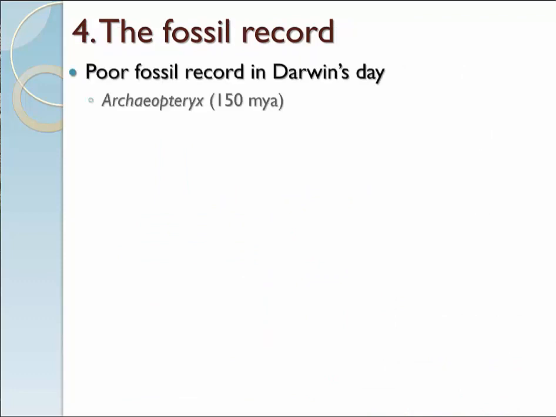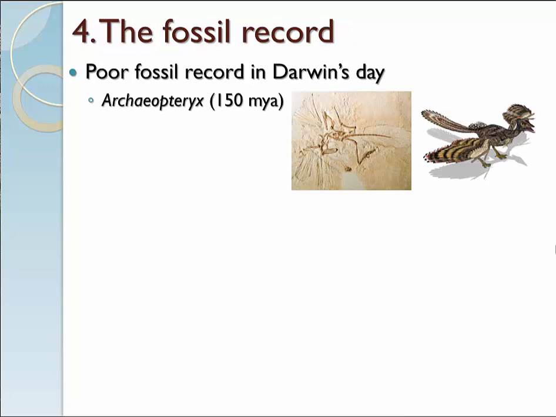Okay, another chapter in Darwin's book was on the fossil record. And during Darwin's day, the fossil record was pretty poor. There was one intriguing fossil, and that was Archaeopteryx. Archaeopteryx was about the size of a crow, and this is an actual fossil.